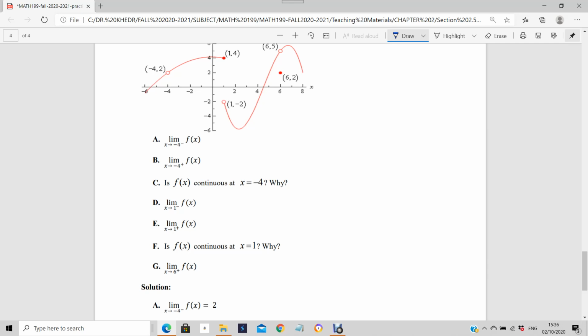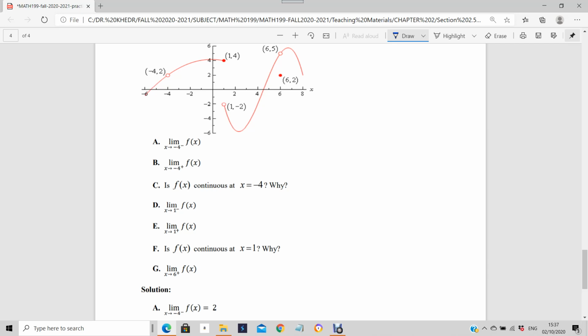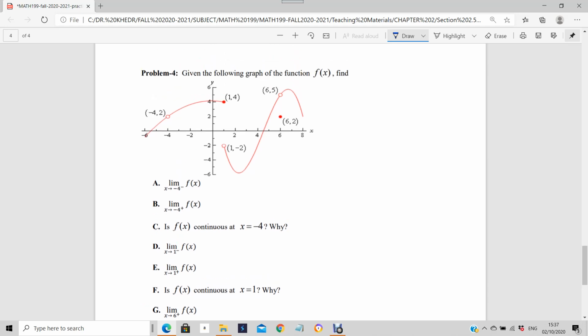At x equals 6, the right side limit here is 2. The left side limit, from the left side, is 5. And the value of the function here is 2. So the limit exists, it's 5. As we approach 6 from the right side, the value of y is 5.